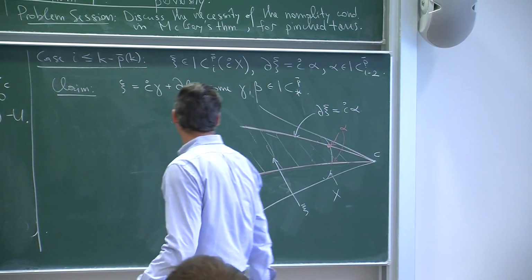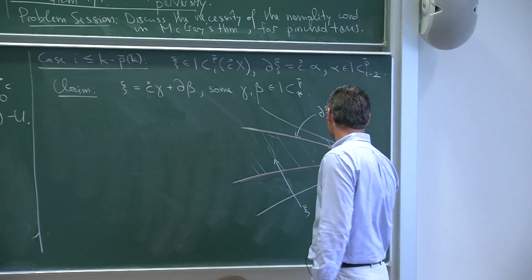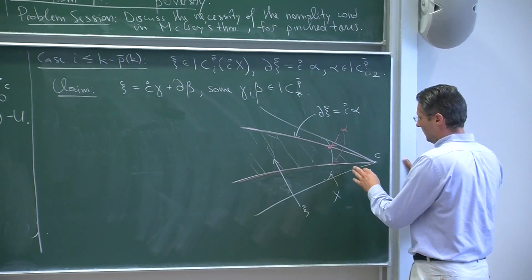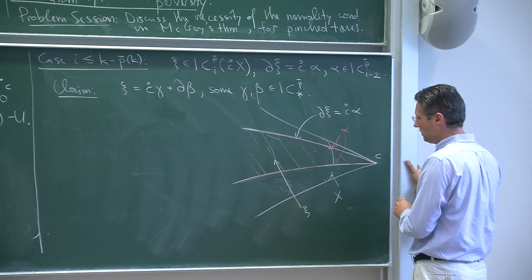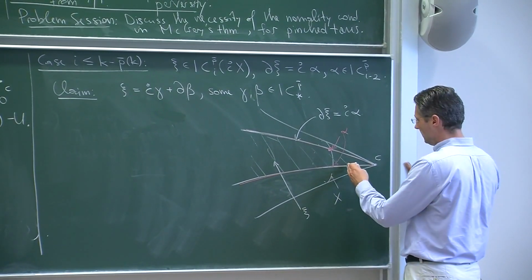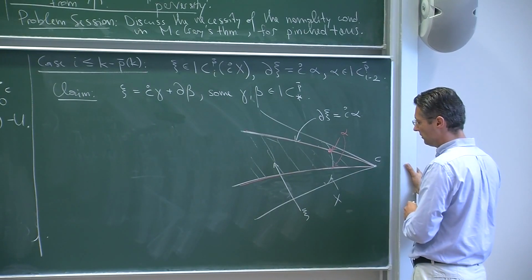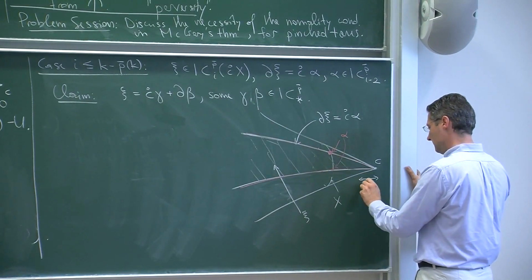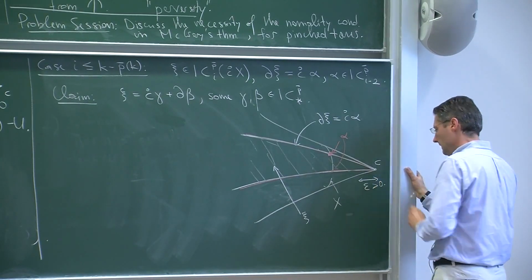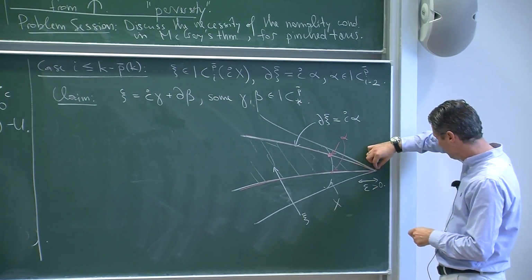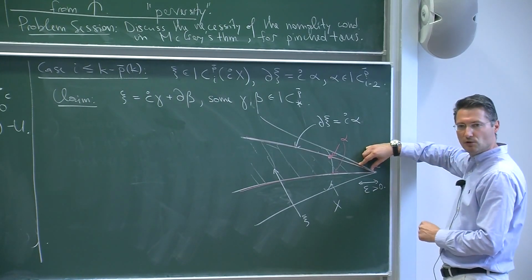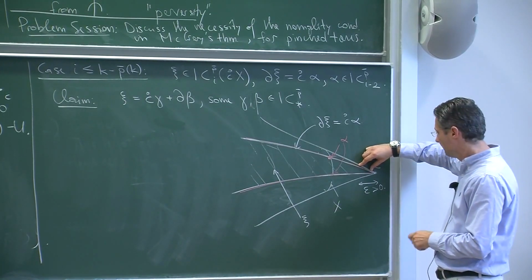So now the argument runs as follows. Again, this chain is simplicial with respect to some locally finite triangulation of this cone. So if I go sufficiently close to that cone point, epsilon, the chain is guaranteed to look like the cone on something, right?